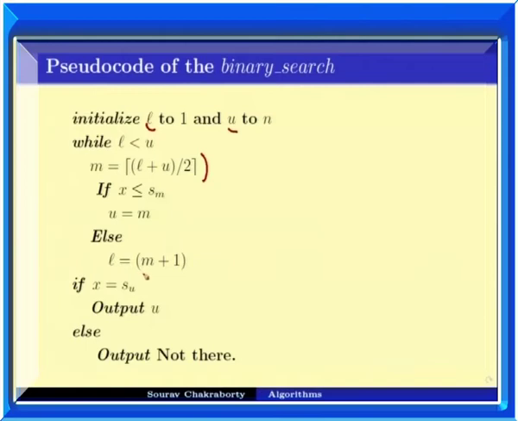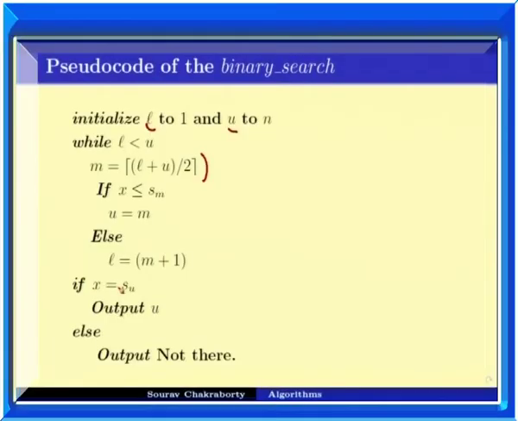So, L is assigned m plus 1. And we keep on doing it. How long? Till L is strictly less than U. So, at some point we hope that L will become equal to U, these two boundaries will come together into one particular element, and then we check if x is equal to S u. If it is S u, we output U, else we output not there.